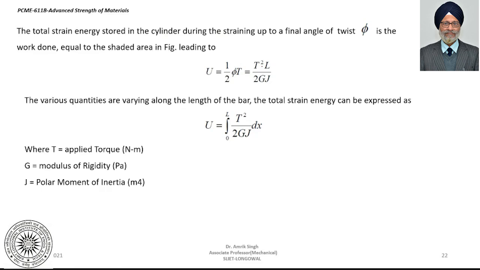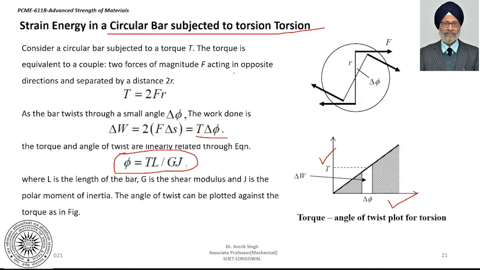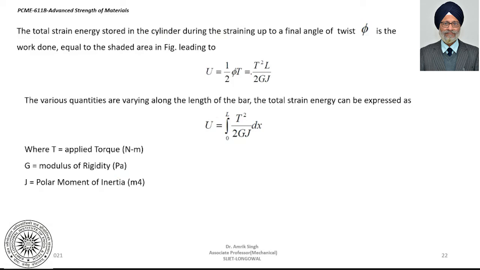Now you can put the value of phi from this equation, so you will get T square L upon 2 G J. If the torque varies along the length of the bar, you will use the integral from 0 to L of T square upon 2 G J, where T is the applied torque measured in Newton meter, G is the modulus of rigidity in Pascal, and J is the polar moment of inertia in meter to the fourth.